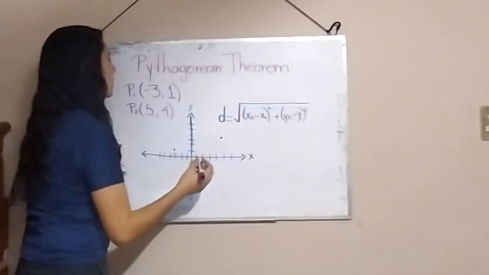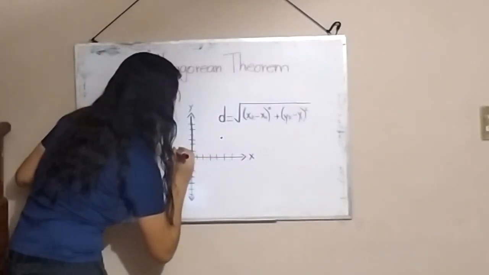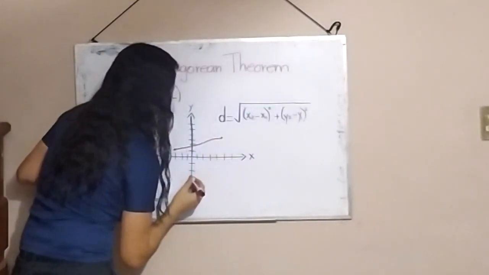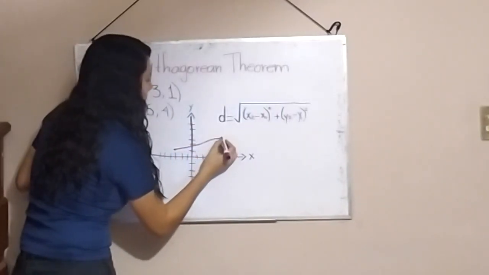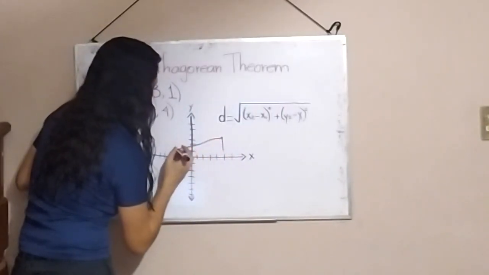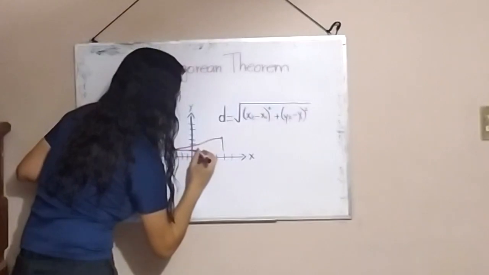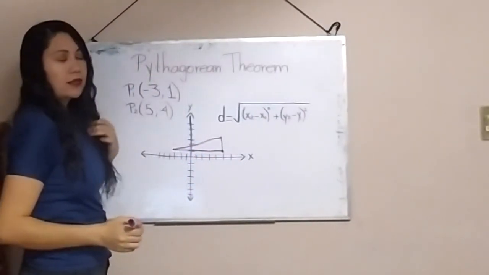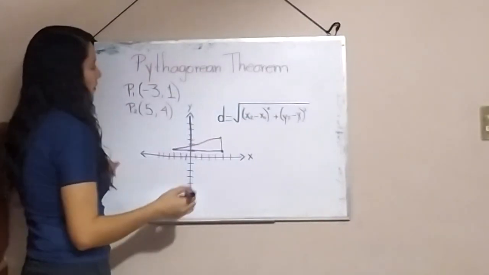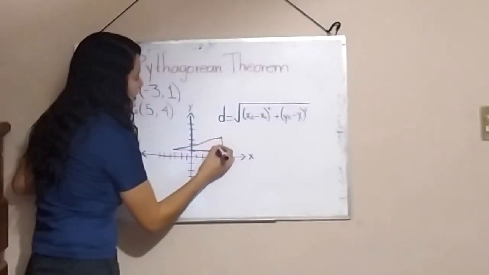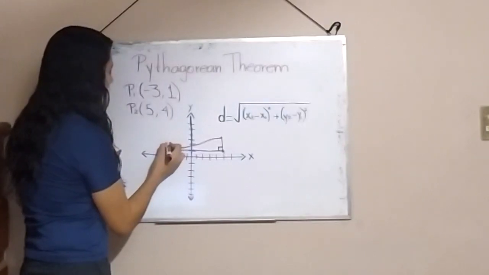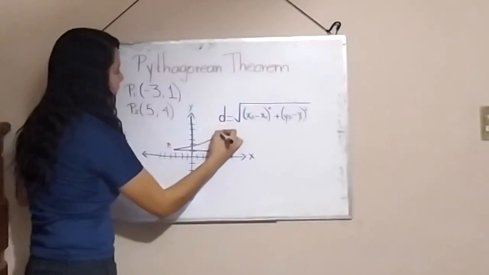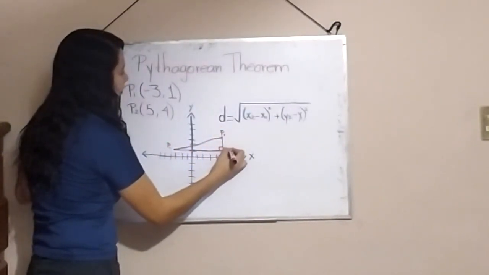Next, we join the dots with a line, and we make straight lines parallel to the axes to get our point 3, and that way we can get a right triangle. This is our point 1, point 2, point 3.